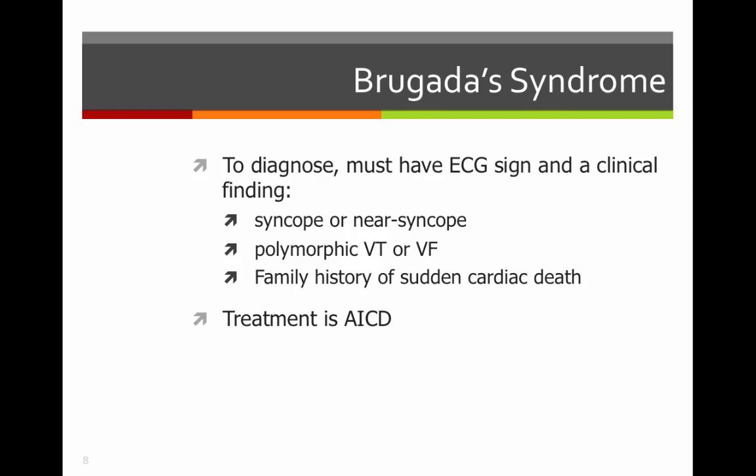Brugada syndrome is associated with syncope or near syncope, polymorphic VTAC that could also put your patient into VFib, and also a family history of sudden cardiac death. So they have to have an ECG finding on the 12 lead plus one of these clinical findings. Essentially, treatment for Brugada syndrome is implantation of an AICD.